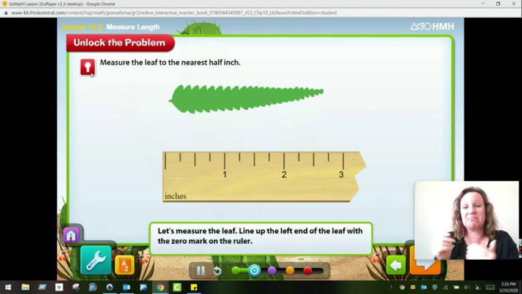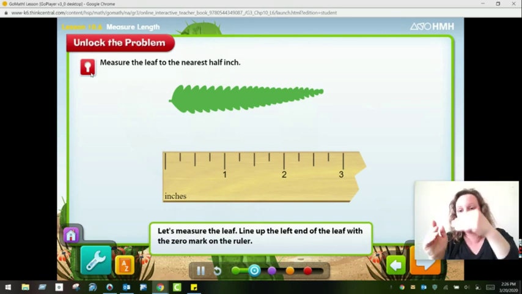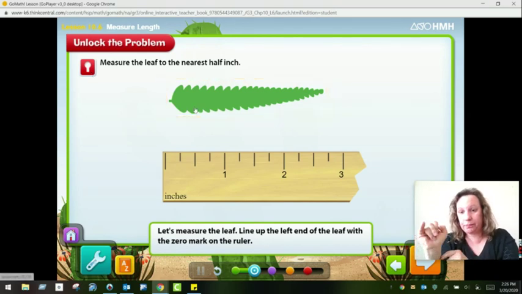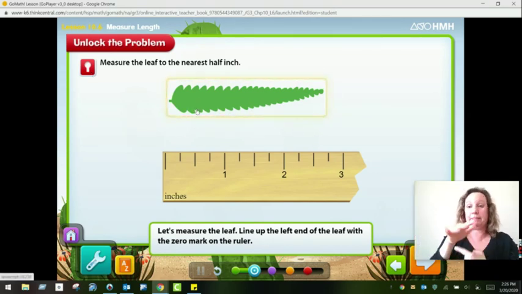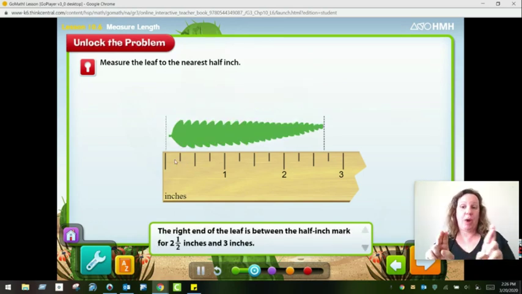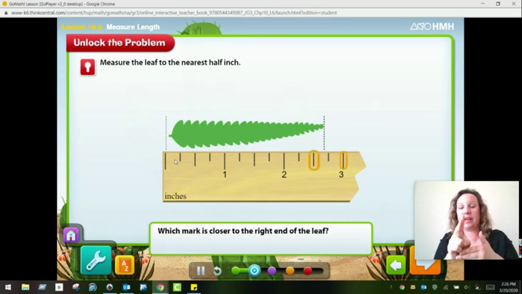Let's measure the leaf. Line up the left end of the leaf with the 0 mark on the ruler. So I'm going to take my leaf and move it. The right end of the leaf is between the half-inch mark for 2.5 inches and 3 inches. Which mark is closer to the right end of the leaf?